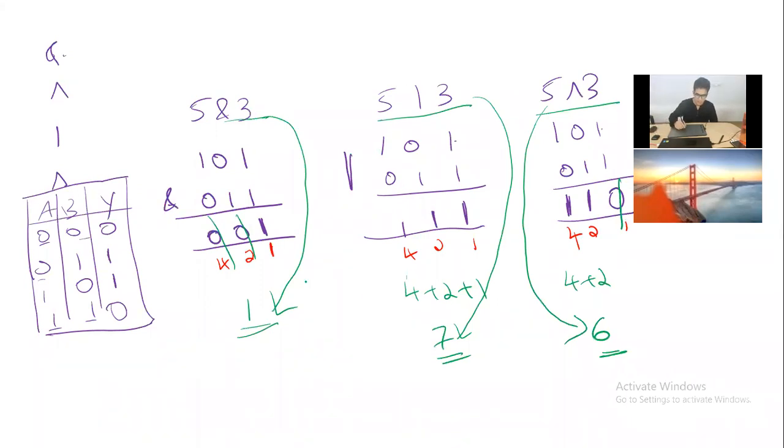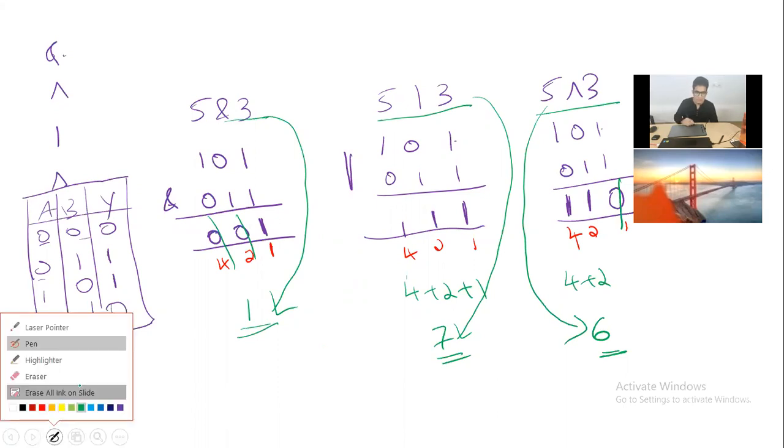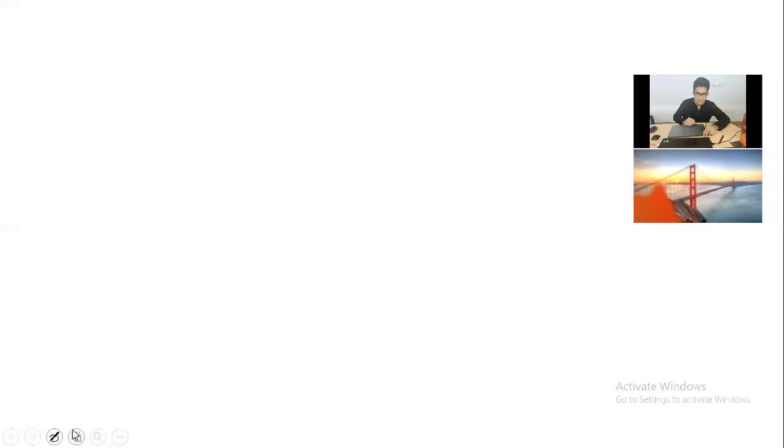Let me give one last example so that you will understand this more clearly. So maybe I'll write here 19 AND 23, 19 OR 23, and 19 XOR 23.